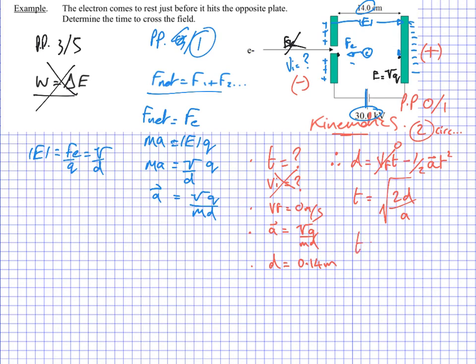And if I bring in my equation for a, time is 2d squared m over vq, square rooted. If you plug all that into your calculator correctly, you should get 2.73 something something times 10 to the negative 9 seconds. It's good to remember that anytime you have 10 to the negative 9, that's nano. So let's go 2.73 nanoseconds.